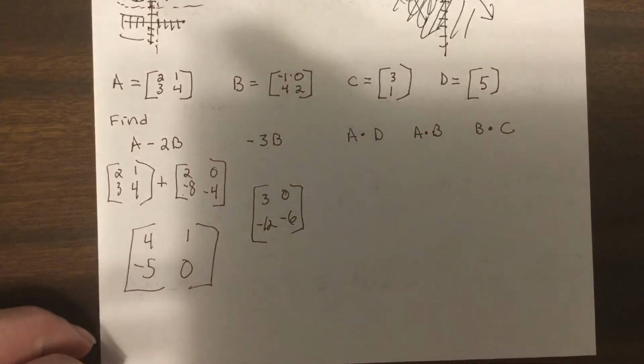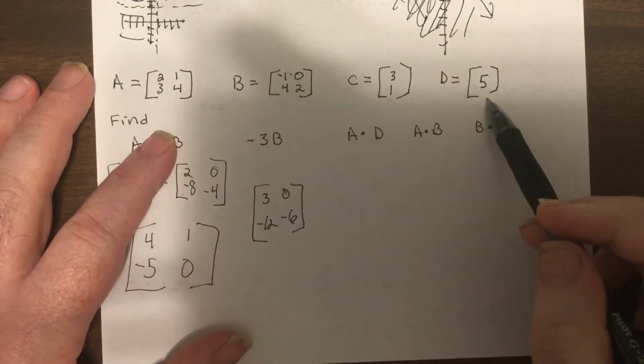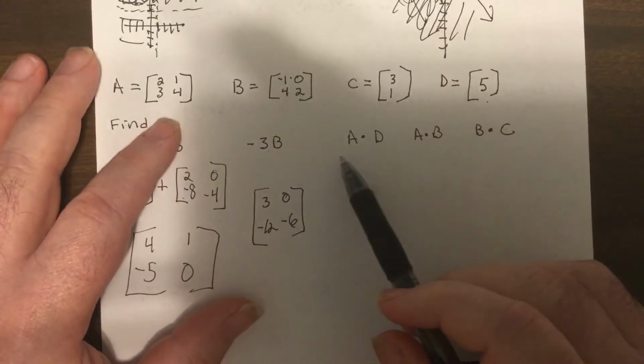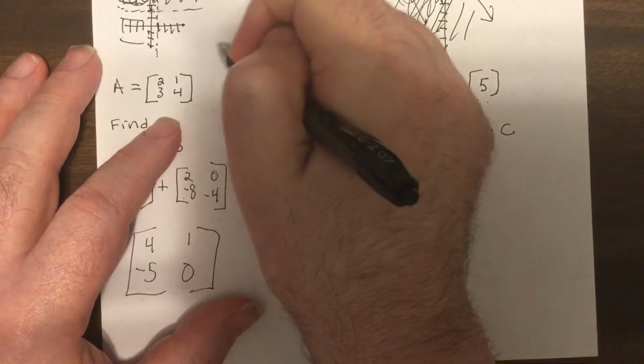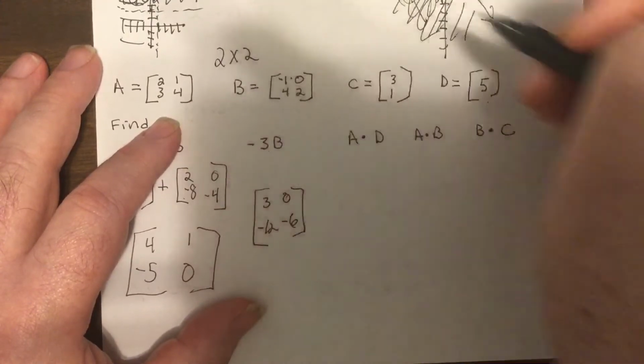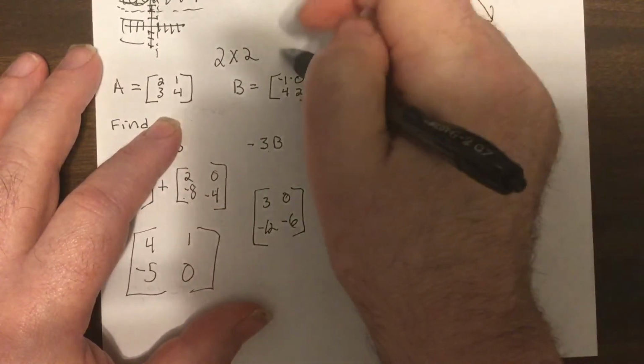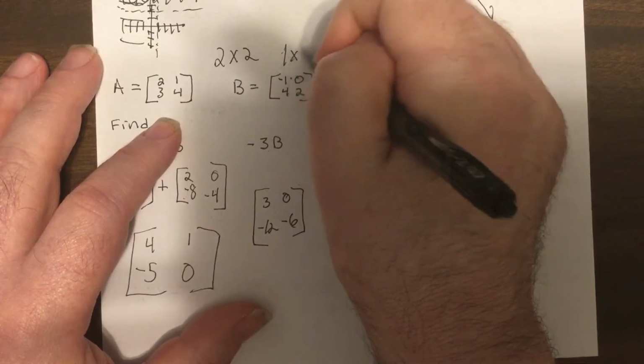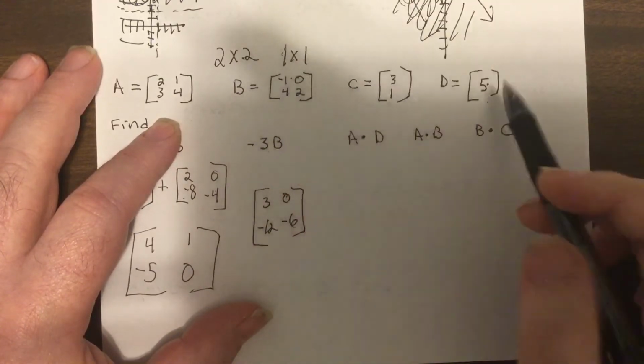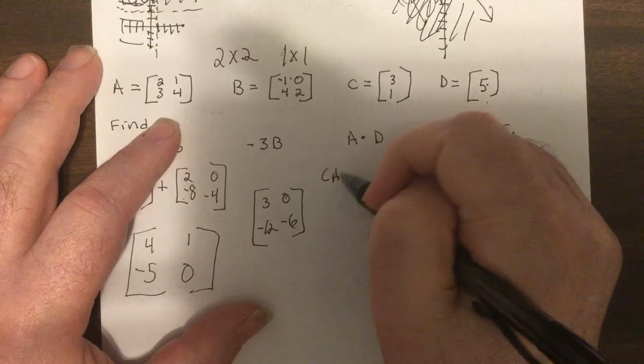How we doing, kids? A and D, to multiply, the columns of the first have to equal the rows of the second, but they don't match, so can't do.